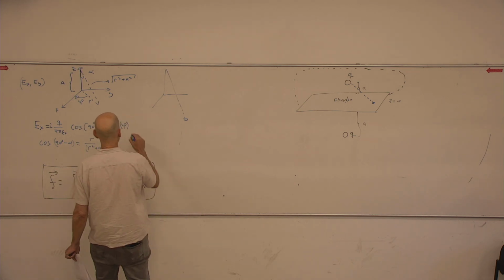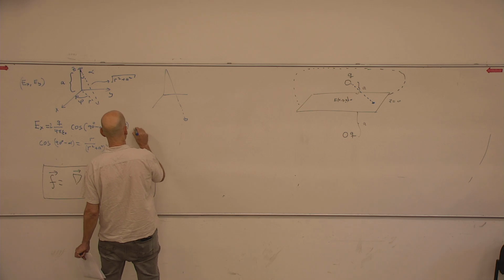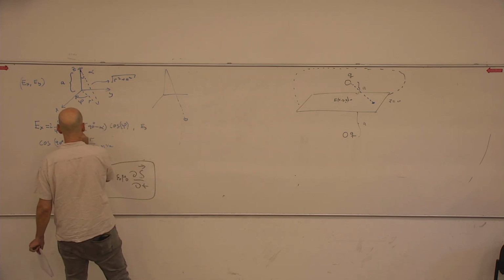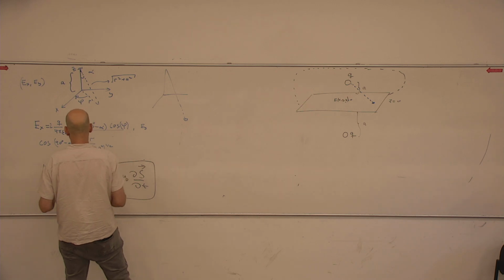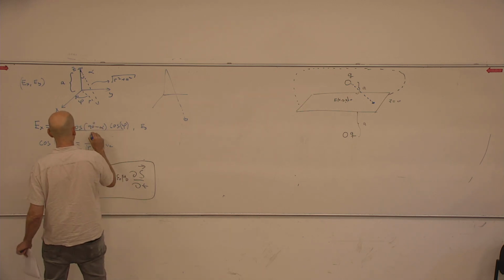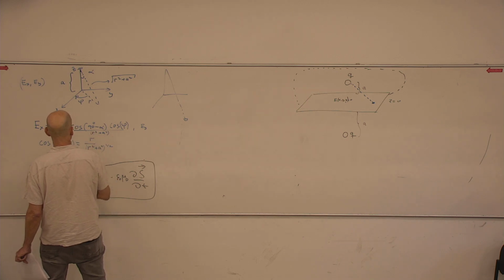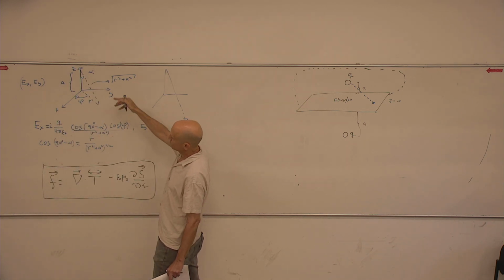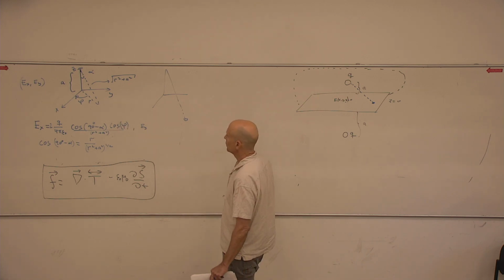And Ey, here I didn't write. And I need to divide, of course, by r squared plus a squared, because this is the distance squared. This is just Coulomb's law.